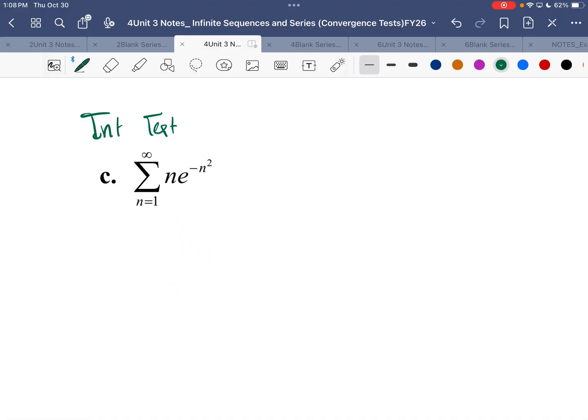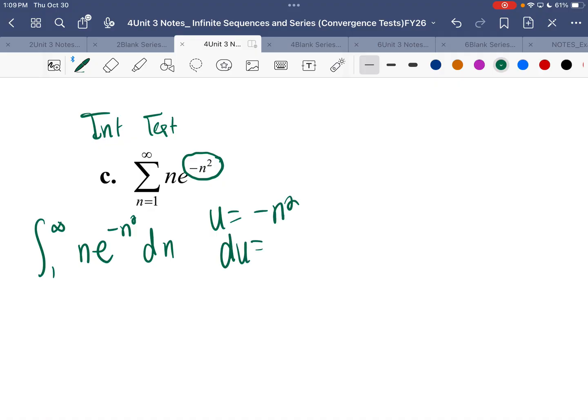Yes. So integral test. Whenever you see an e having some crazy exponent, that's probably going to be u. So let's make u be negative n squared. du is negative 2n dn. And your n's are going to cancel.